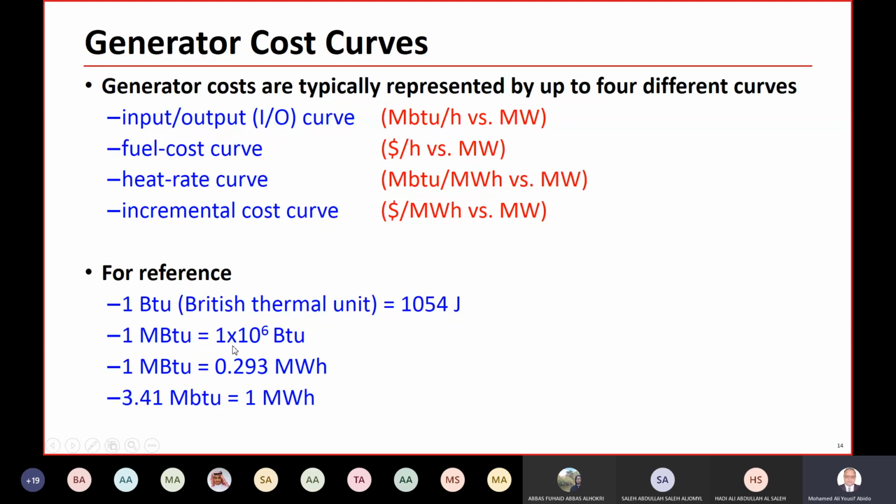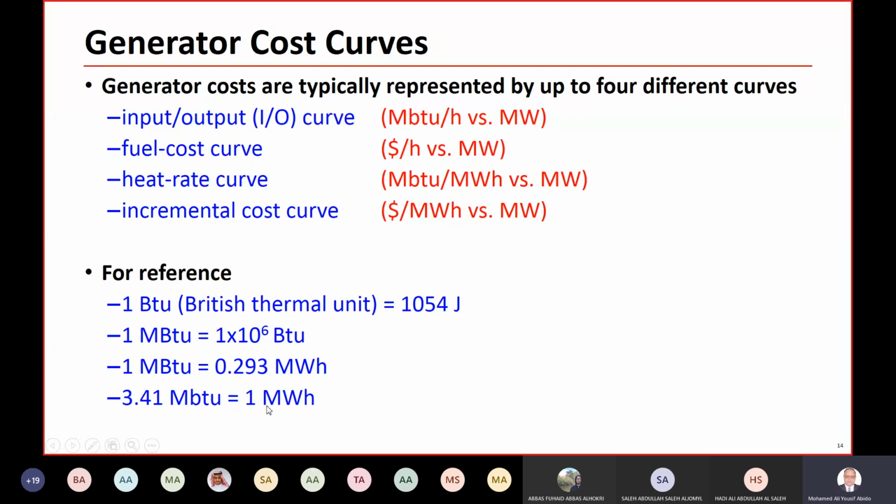So 1 mega is of course 10 to the power 6. 1 mega, if you have this, joule is equal to watt second. And if you want to put it in terms of hour, you divide 10 to the power 6 over an hour, equal to 60 minutes, and you have here also 60 seconds, so you divide by 3600, so you can get this number.